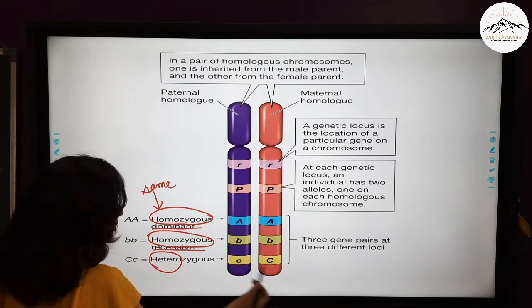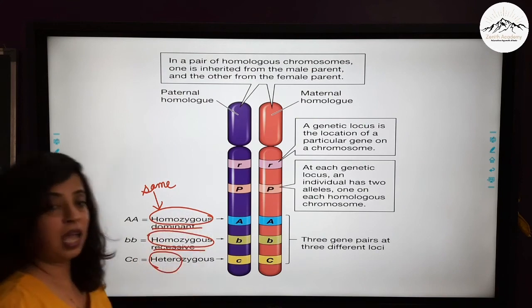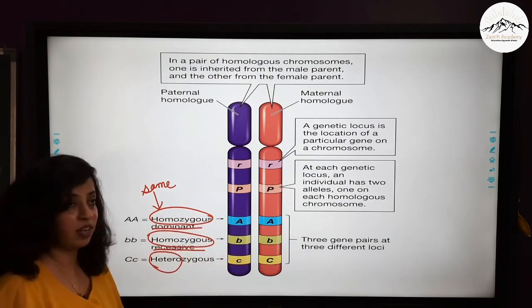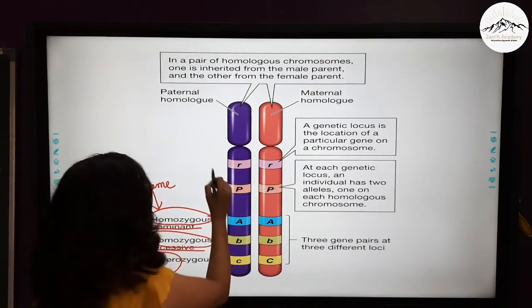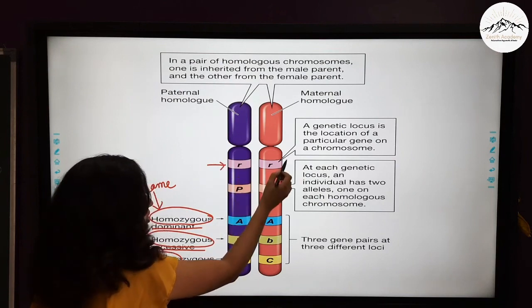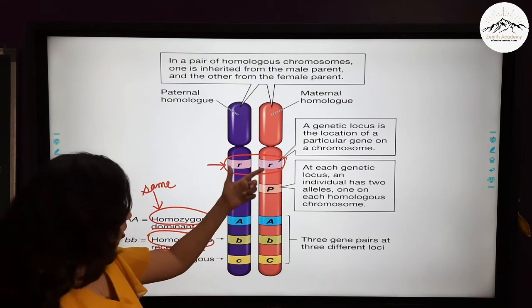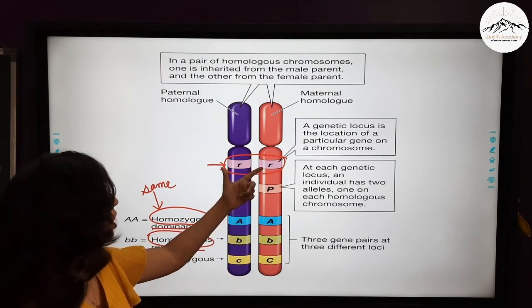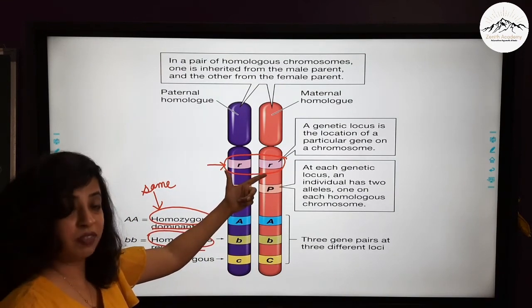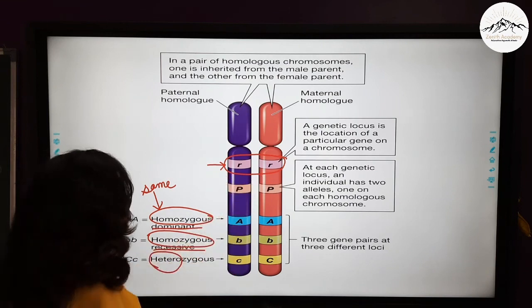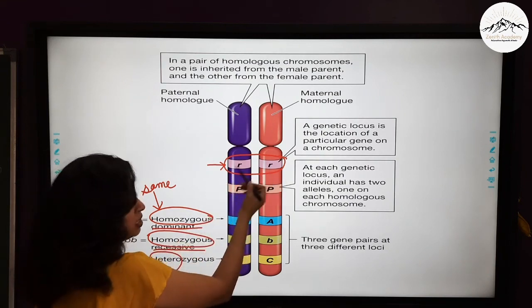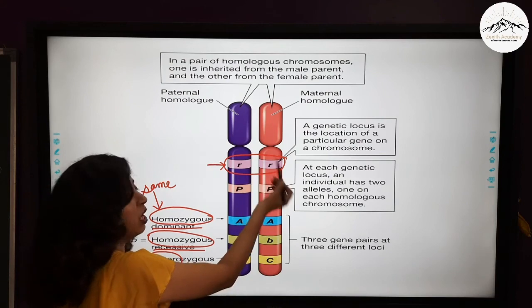And here one is capital and one is small. I'll explain dominant and recessive later on. First you should understand that at the same position, that is at a genetic locus, at a particular position of the chromosome, there are two alleles of the same gene. For example, for colors, two alleles of the color are present, red and brown.